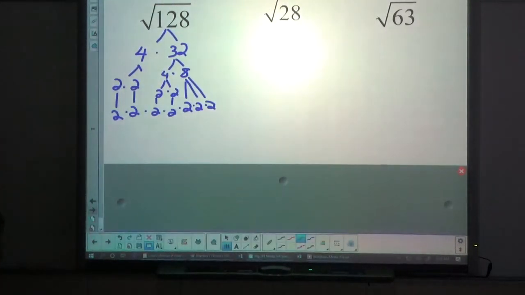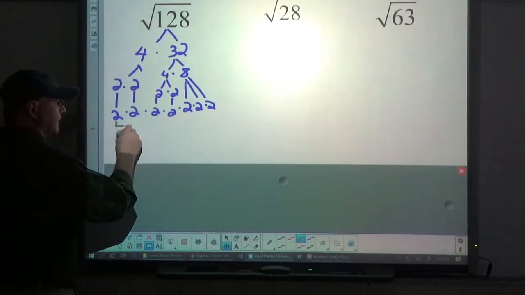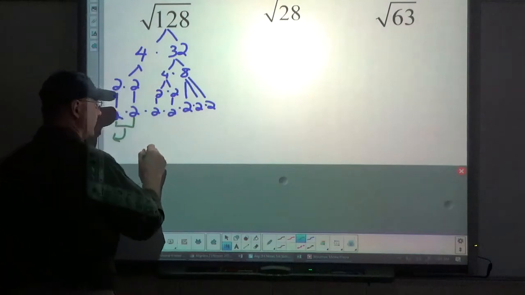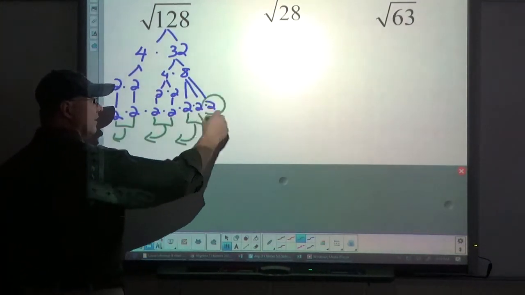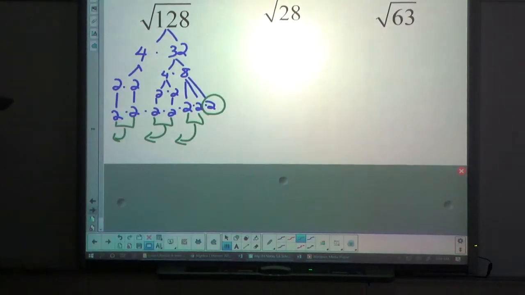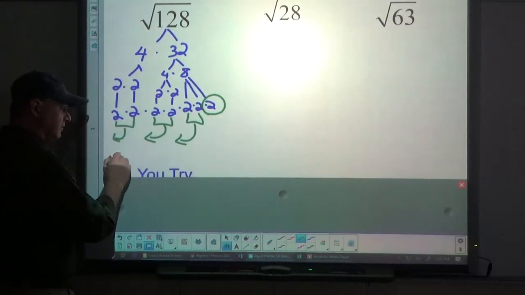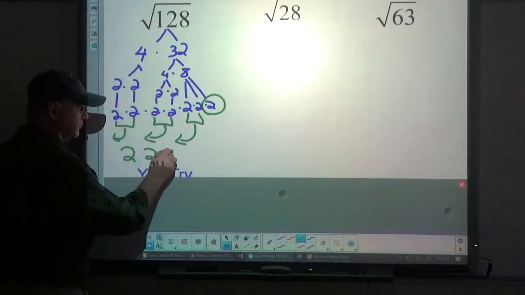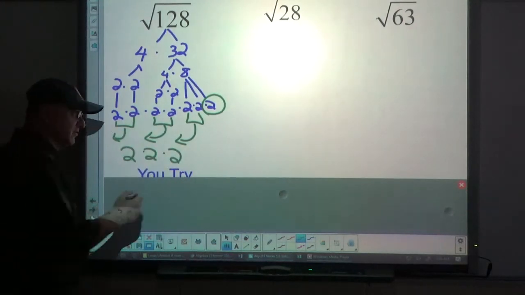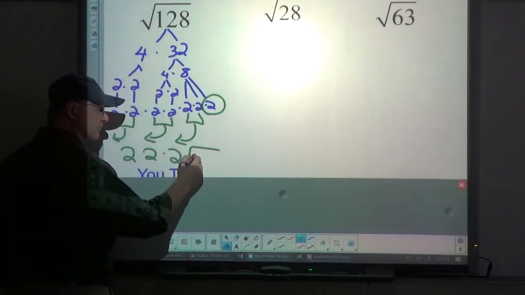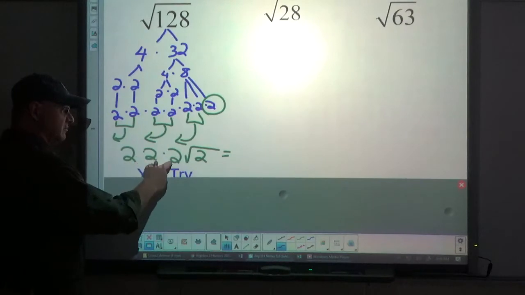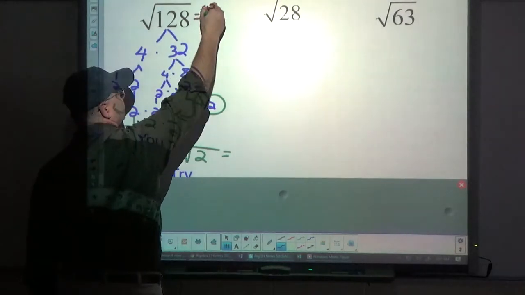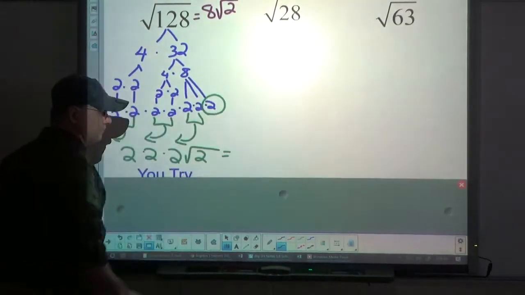I need 2 of something to pull 1 out. So I've got a pair of 2s here, out comes a 2. A pair of 2s here, out comes a 2. A pair of 2s here, out comes a 2. That one is left over. So I have 2, 2, 2. Now those are all going to get multiplied together, and then left over inside the square root, a 2. So my result of all this, 2 times 2 times 2 is 8 square root of 2.